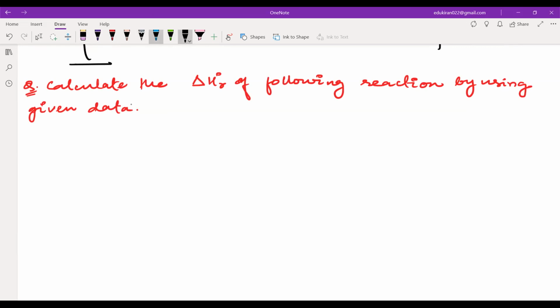So the reaction that they have given is, you have CH2 double bond CH2 plus 3 moles of O2 going to give me 2 moles of carbon dioxide plus 2 moles of H2O.